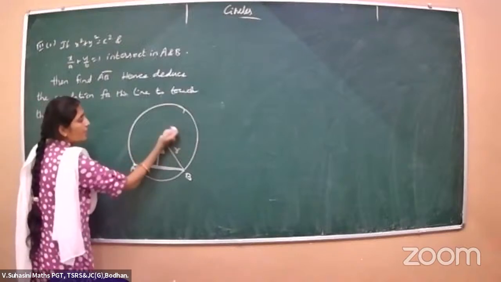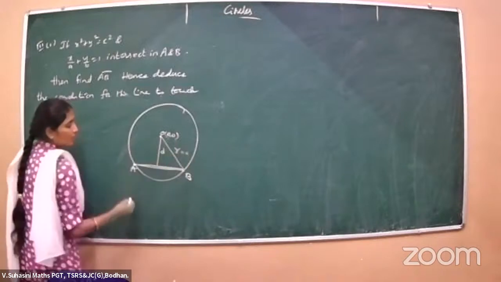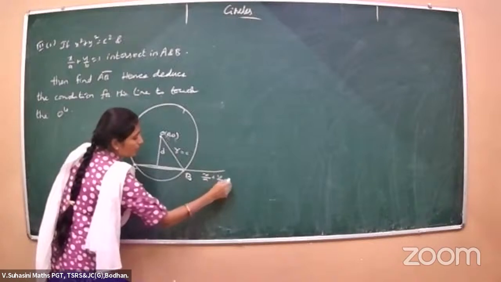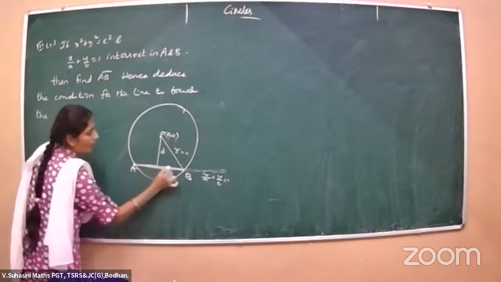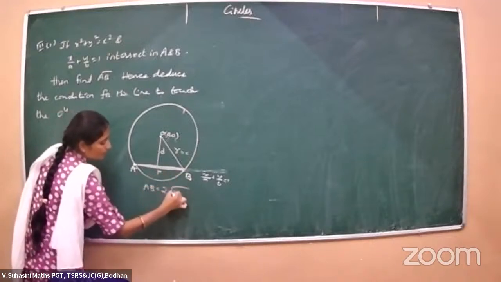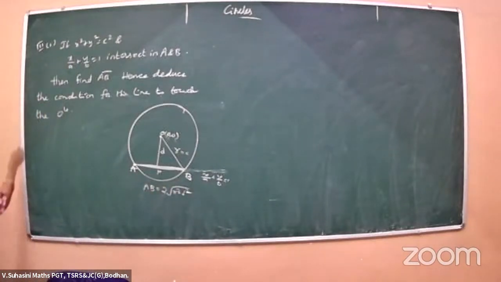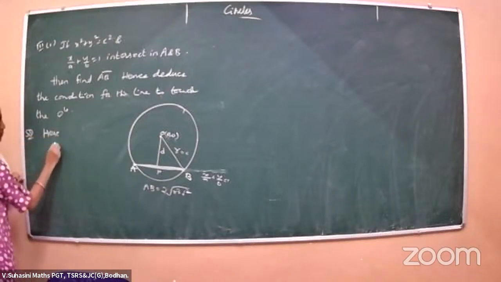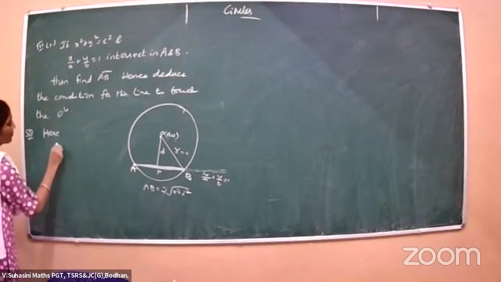Therefore, the center I will choose as O, 0, 0, not to get confused. And this is the line x by a plus y by b equal to 1. So I'll just represent the curve with the equation. Now AB equal to 2 times root r square minus d square. Here I'm directly writing without giving the given data, but in the exam we have to write the given data first.